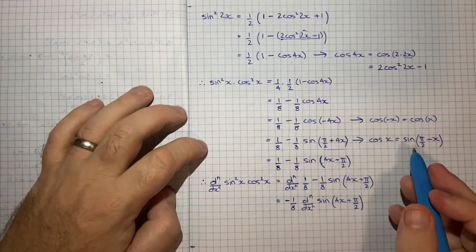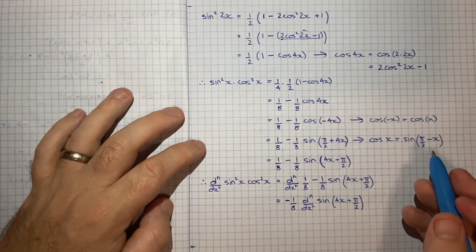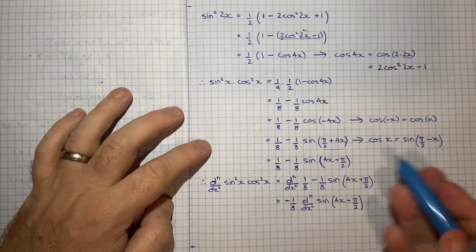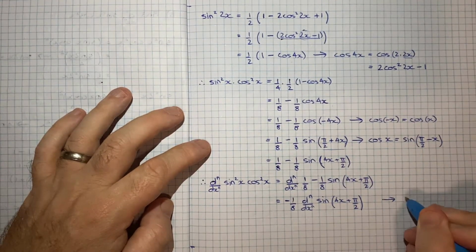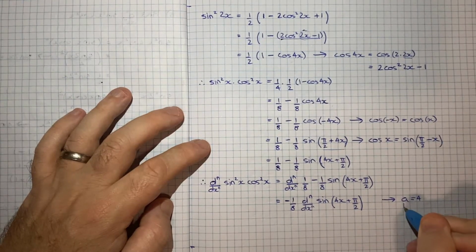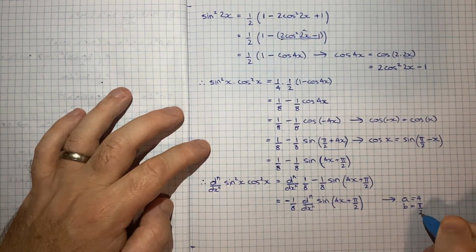And now we can note that this is in the format of sine of (ax plus b), where a is equal to 4 and b is equal to pi on 2.